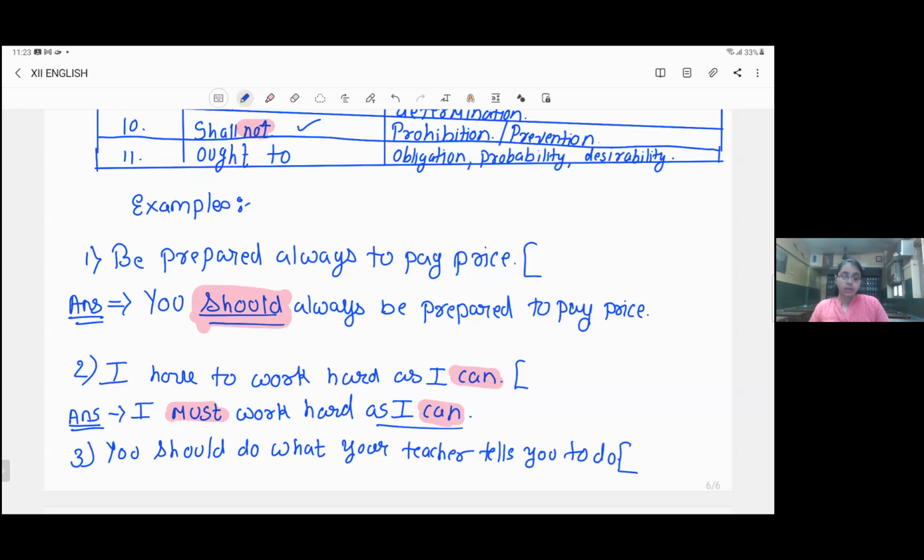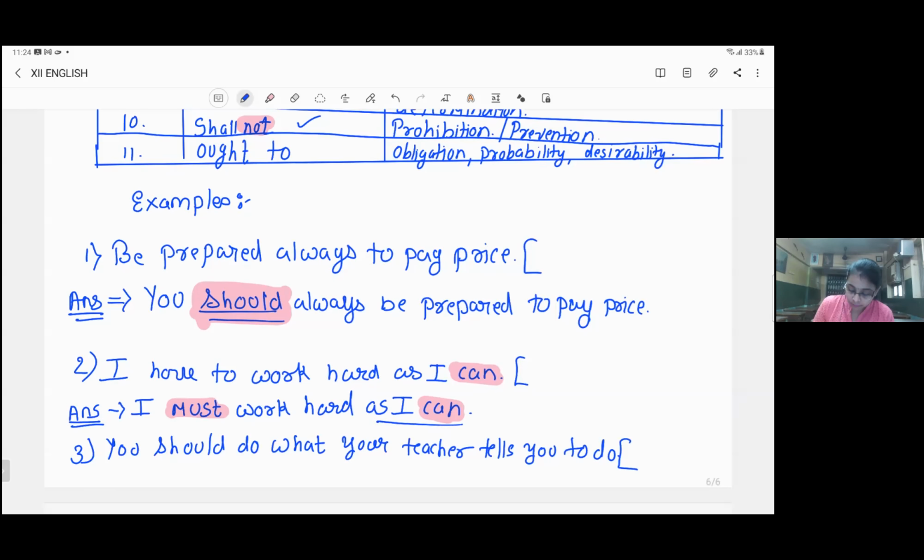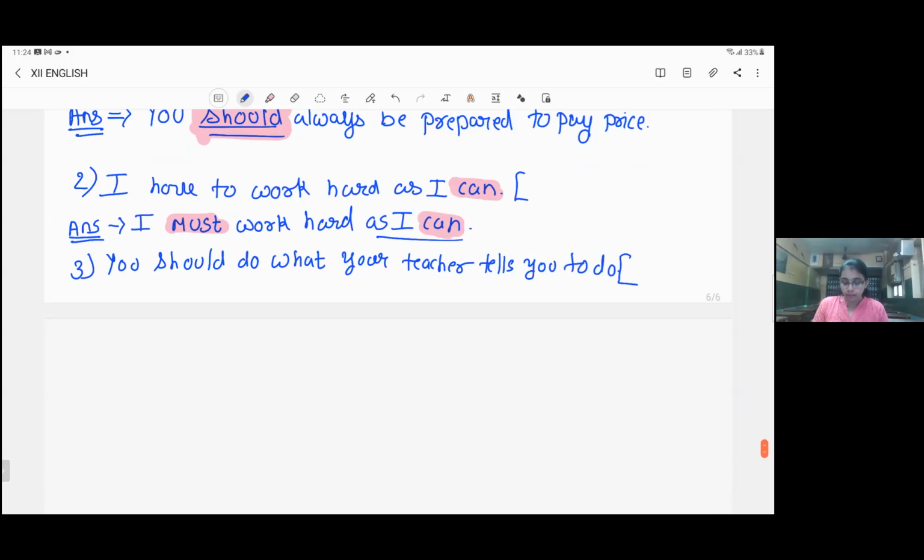Replace the modal auxiliary by showing obligation. Done?